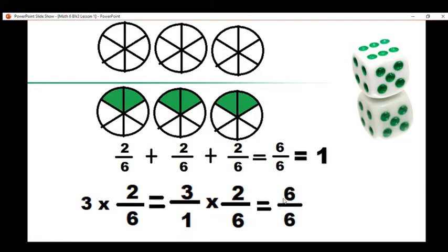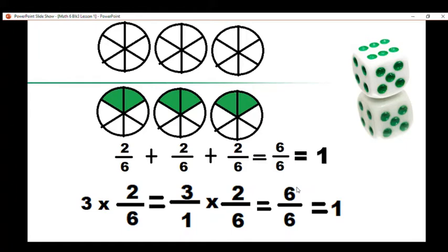So the answer is 6 over 6. But then, we need to simplify our answer. So the answer is 1. Did we get the same answer as our first solution? Okay, very good. So we can say that Sarah can get 1 whole cake.